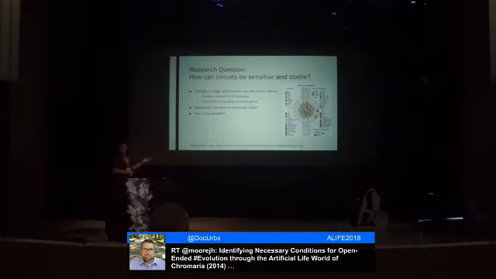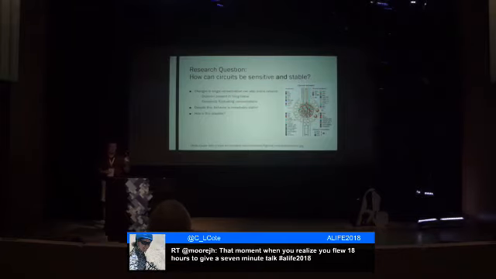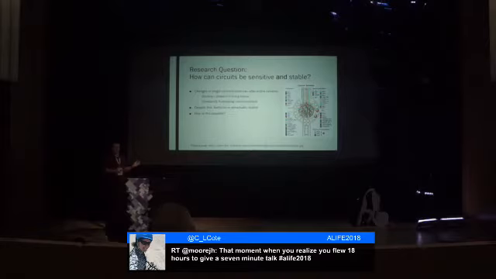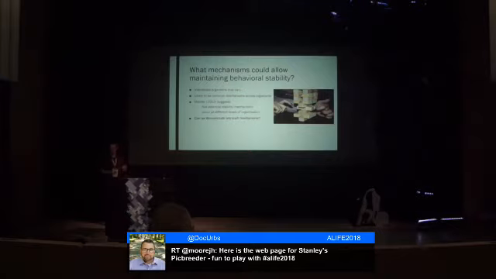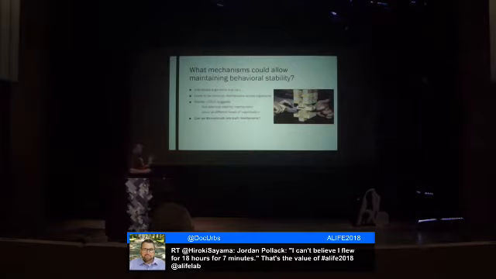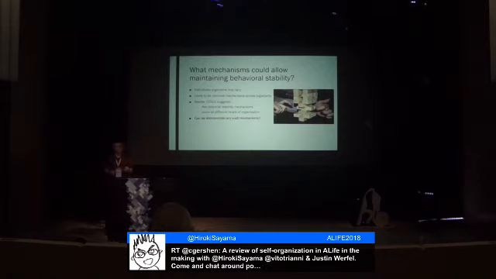So in trying to understand this, there's been some work done, but it's usually done in isolated circuits in a very limited way. And to try to tackle this question, I want to answer what types of mechanisms could allow this behavioral stability to be maintained. So Eve Marder is a very prominent researcher on neuromodulation, and she had some suggested mechanisms.